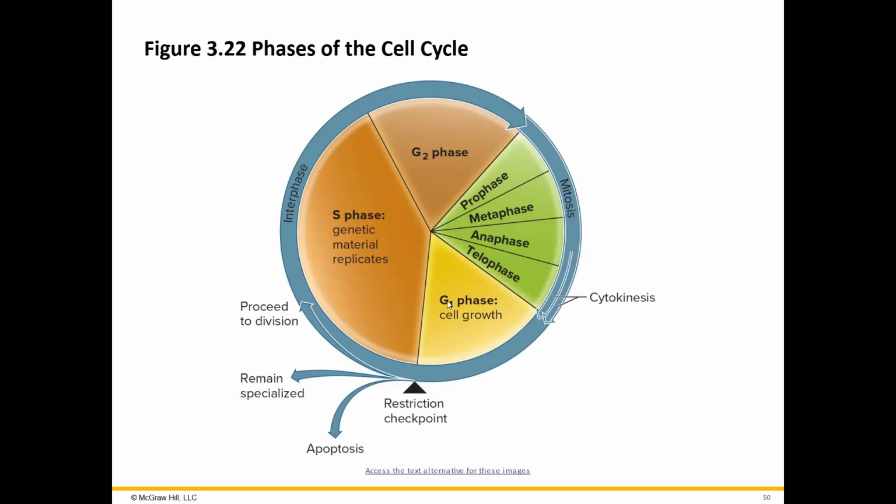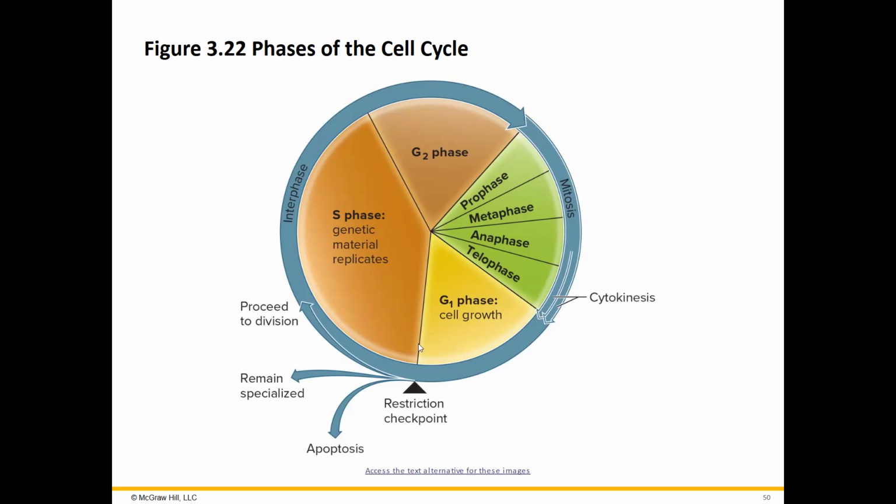What I want you to know is that in interphase, when a cell is replicating, the interphase is when we copy everything. So if I have one cell and I want to turn it into two separate cells, well, first we're going to need to grow extra of everything so that we can divide. Then we need to copy the genetic material. Then we need to copy all the organelles. We need two of everything so that when we split the cell, we have two cells with one of each, yeah?